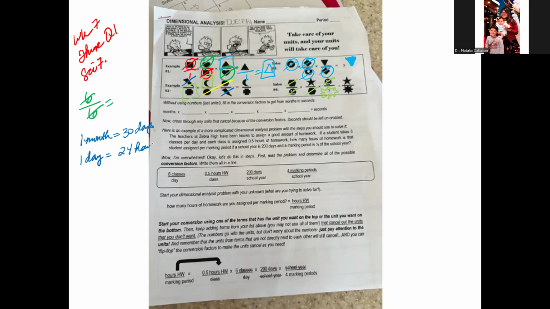Okay. 1 hour equals, what does it break down to? 60 minutes. Okay. 1 minute is equal to? 60 seconds. So what do you think goes in here? Month times days. Without using numbers, times hours. Times minute.